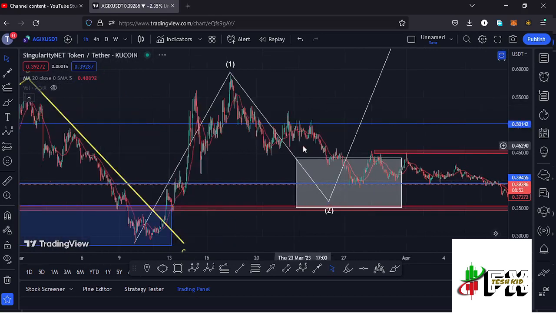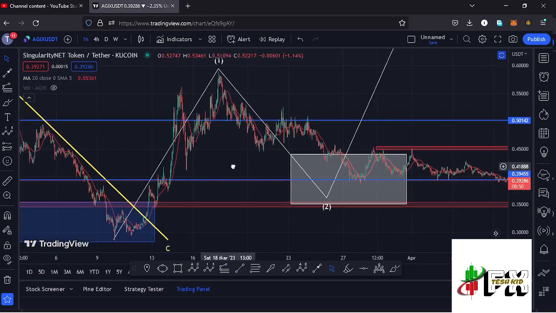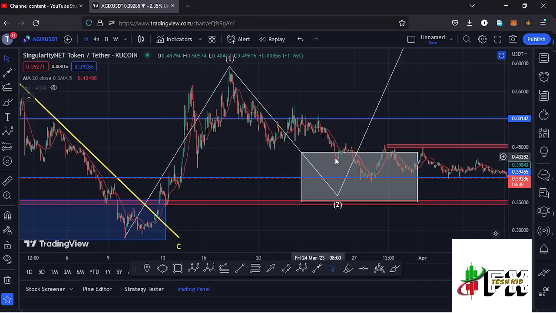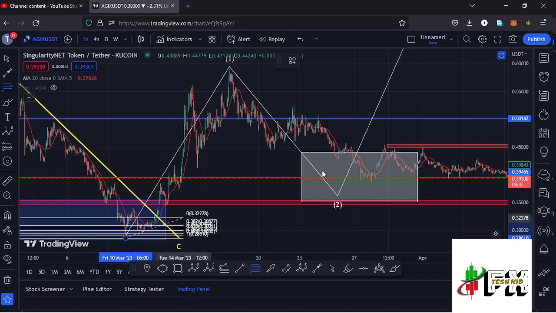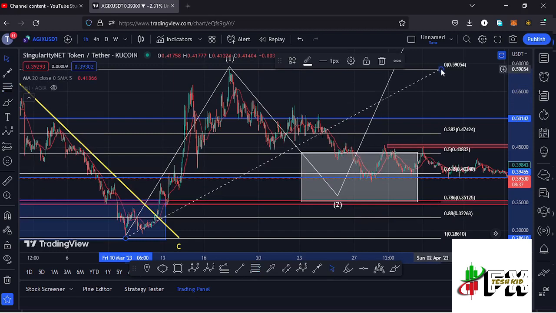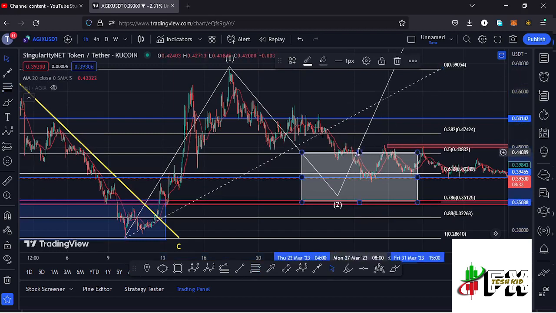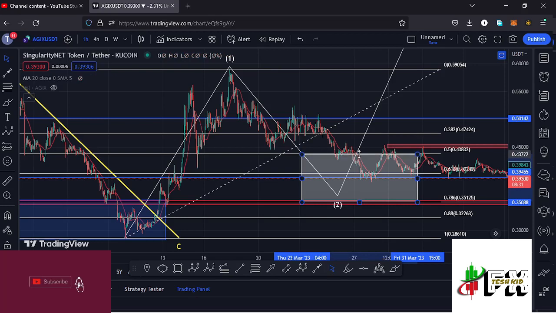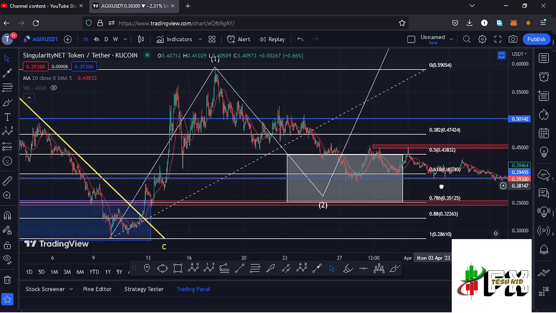Having seen the high for that first wave, whatever we expected next was a corrective structure in the formation of this wave 2, and by connecting the Fibonacci's from the low of the first wave to the high of that wave 1, that now gives me a minimum target area in the formation of the wave 2 between the fib level 0.5 and the fib level 0.78, which is a target area that lies between the $0.43832 mark and the $0.35125 mark.